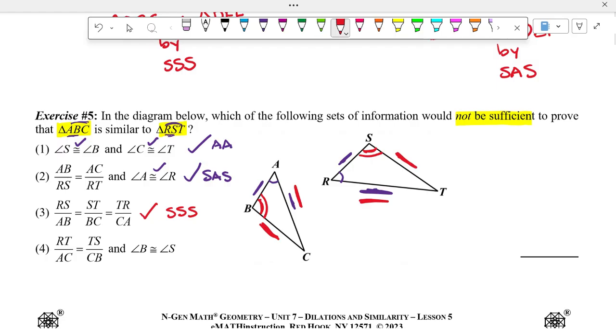Nope. Because if you look at where the angle is, it's not formed by the 2 corresponding sides. And so actually this one would be SSA, which, remember what I said, if you spell that backwards, I don't want those in my class. All right. So this one is the one that doesn't work.